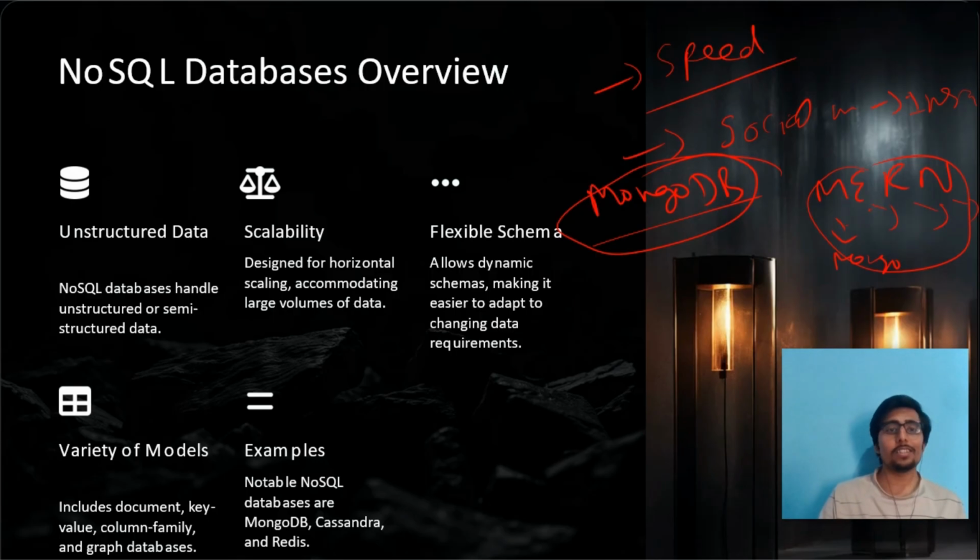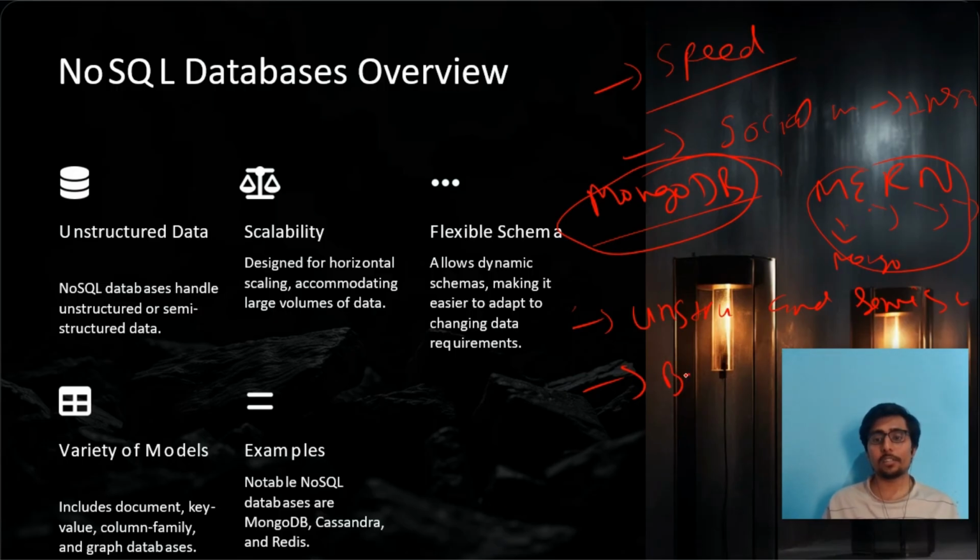Now let's understand a little bit the key features of NoSQL databases, as we discussed for RDBMS. A NoSQL database can handle unstructured and semi-structured data, and it is highly scalable for big data applications.